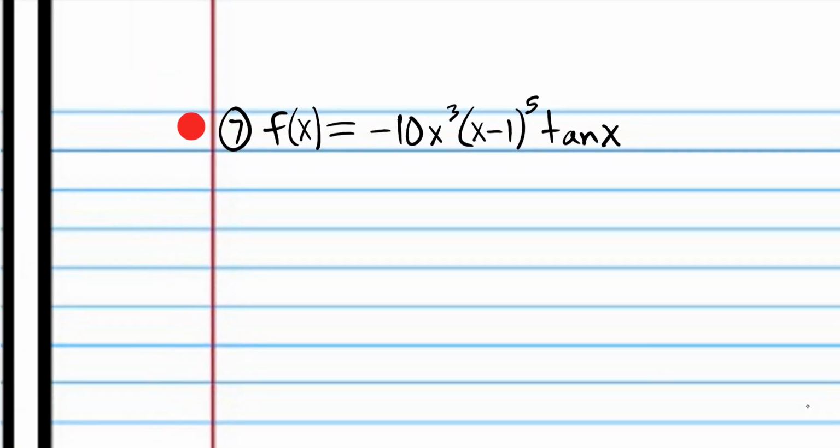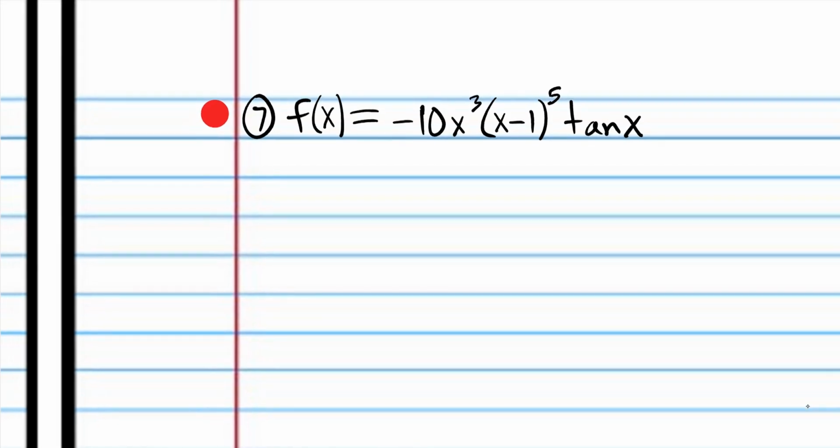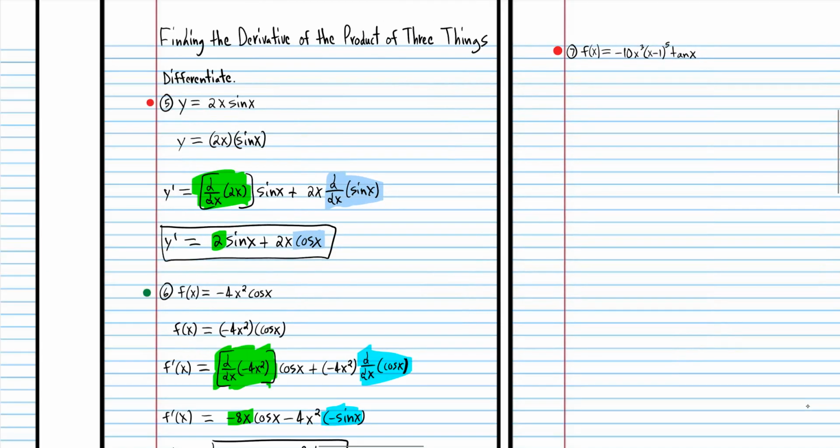So again, this is a complicated situation when you have the product of three things, and in this situation we have to use the product rule twice. We didn't have to do that in these problems.